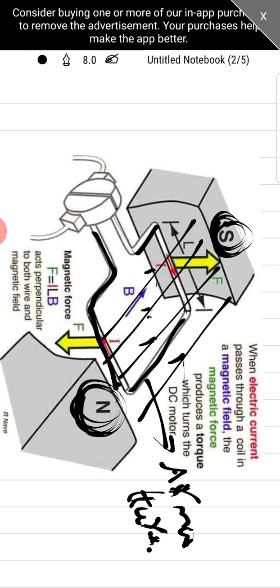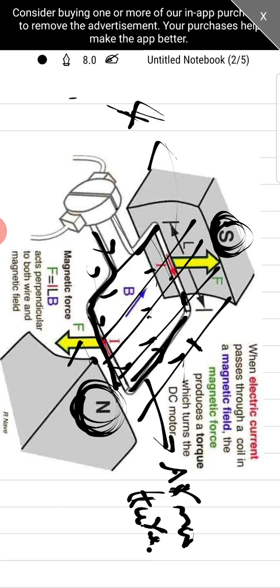Now when we pass current in this rectangular wire, there are four parts in this current carrying wire. This is the first part, this is the second part, this is the third part, and this is the fourth part.